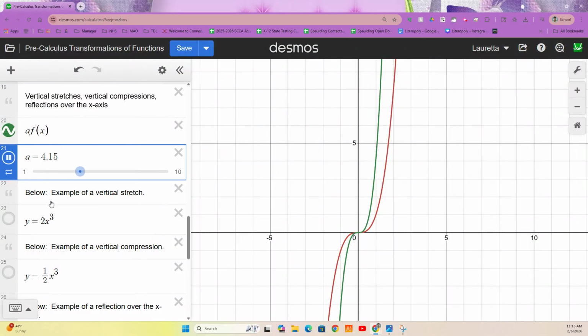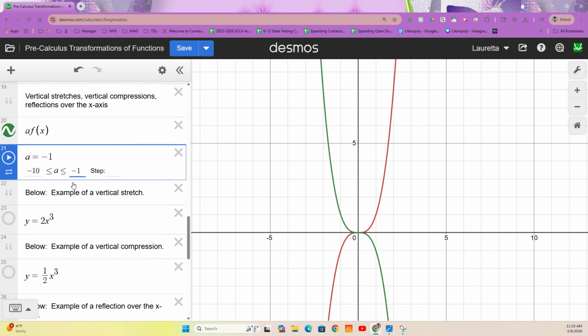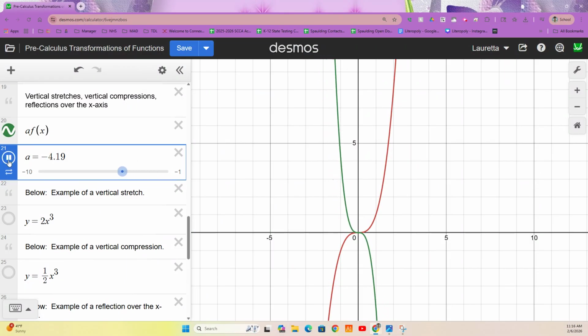So vertical stretch for values greater than 1. I could also change this to negative values, so values that are less than -1. You'll have a reflection over the x-axis in addition to a vertical stretch.